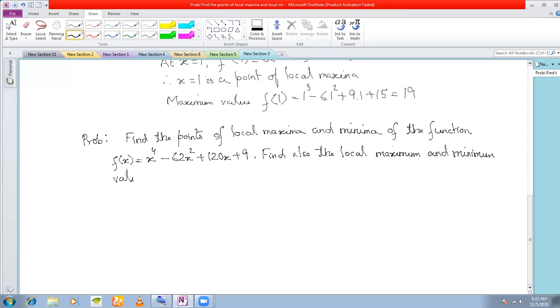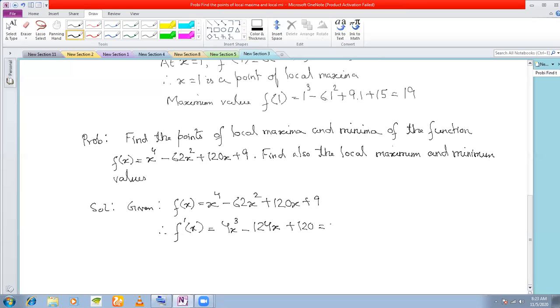Okay, let's see. Given here, what is f(x)? x to the power of 4 minus 62x square plus 120x plus 9. What is the first step? We find f'(x). f'(x) here is 4x cube minus 124x plus 120.